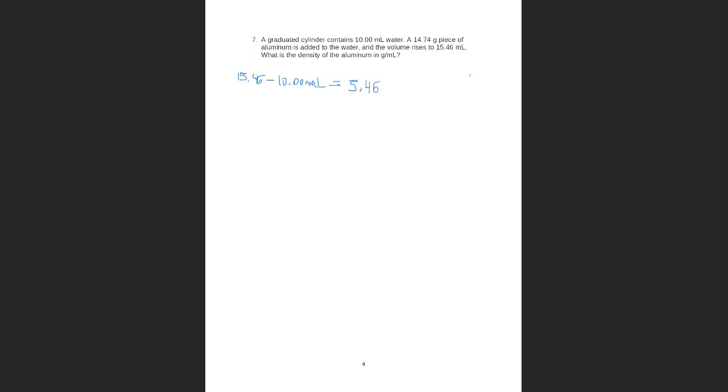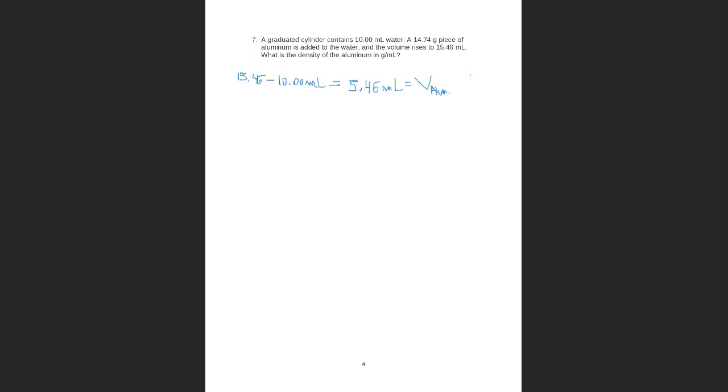And that is the volume of what? That's the displacement, I guess, of the aluminum. Right. Of the water. And the displacement of the water is exactly the volume of the aluminum. Yes. It will show you the volume of the aluminum.